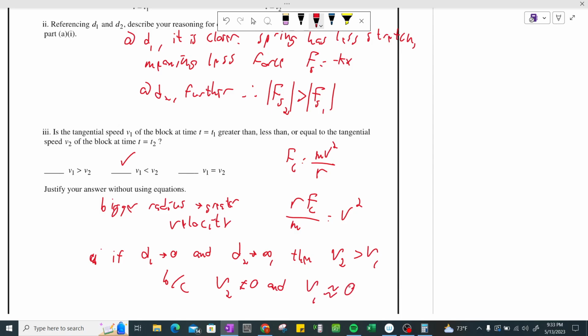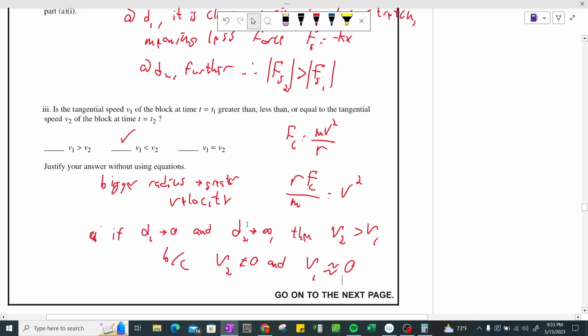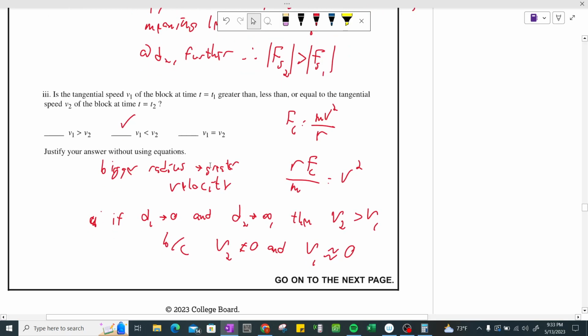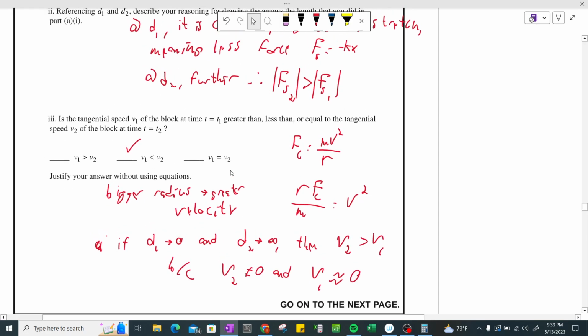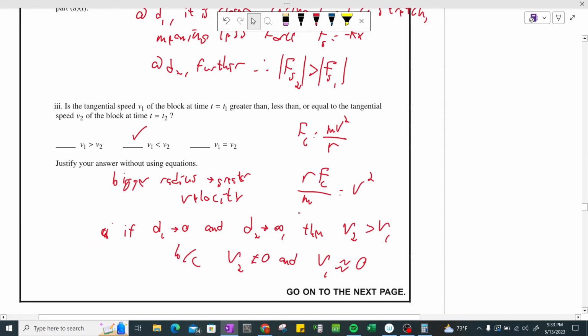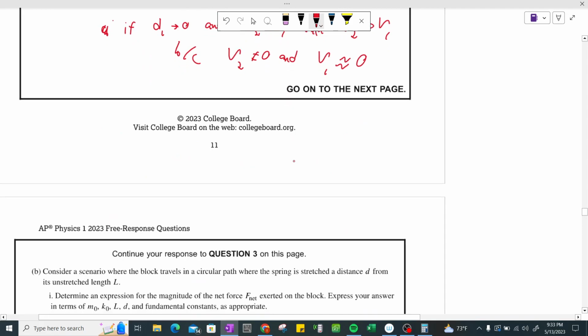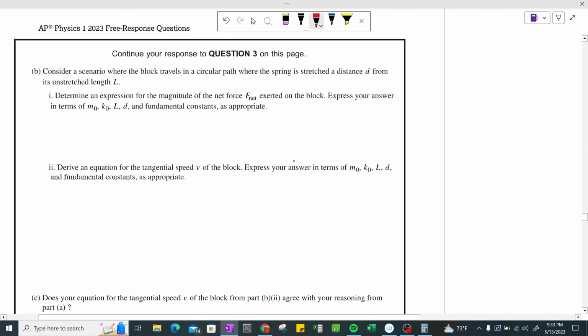We could go along that route. There's a couple of ways they're going to look for here. The big thing is what are they going to look for on the scoring? I think they're going to be looking for whether that proportion is set up correctly, where you could say that the change in radius or the change in force will make that velocity larger. That's my best guess, at least.